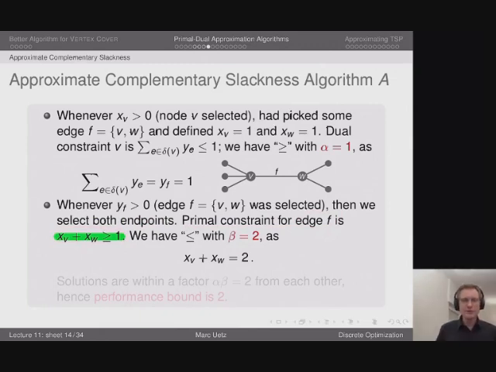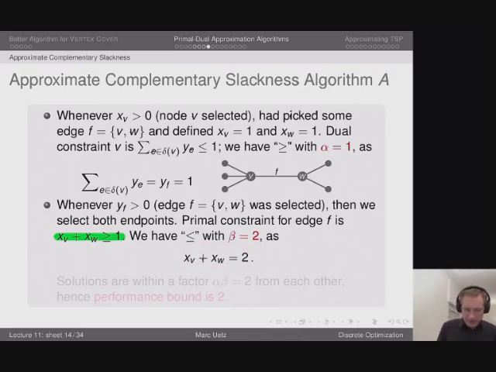So in order to achieve exact complementary slackness, we would have to have equality here. Now we allow strictly larger, but not by too much, only at most a factor 2 larger than this right-hand side here, right? So we have smaller or equal with beta being equal to 2 because we are setting both variables xv and xw equal to 1. So the dual constraint is approximately fulfilled with equality up to a factor of 2.